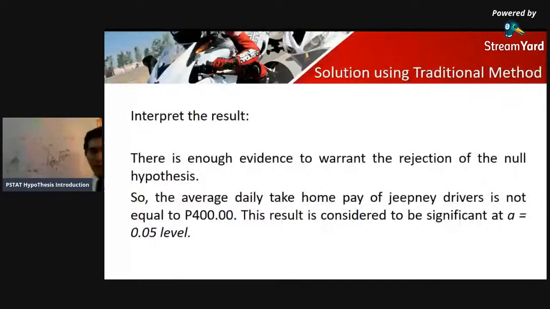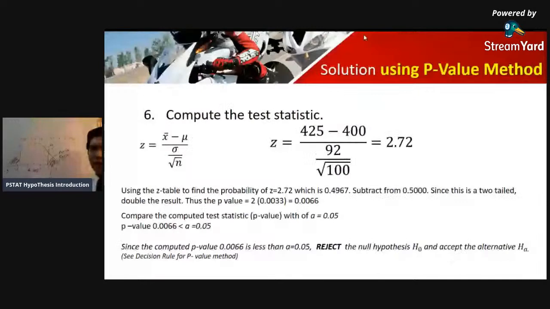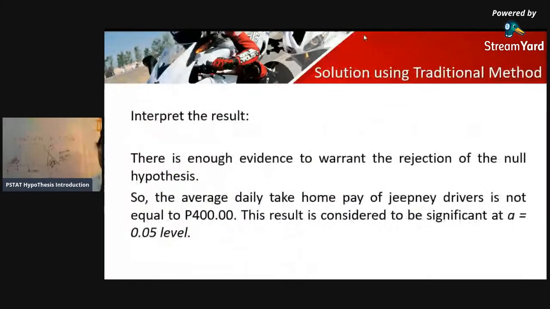Next, let's move on to the next example. P-value. How do we use the p-value method? Using the p-value method, we identify the given. We already have the same given.